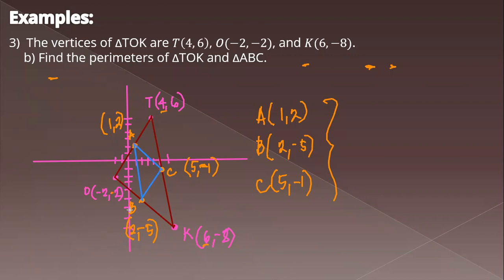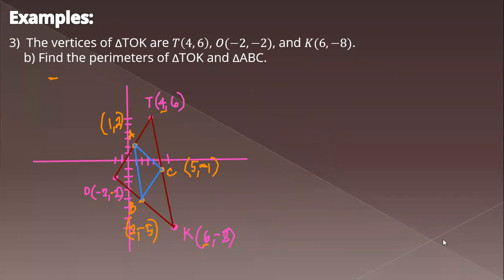So para makuha natin ang perimeter, kailangan natin ng length ng sides ng triangle, because the perimeter of the triangle is the sum of all sides. So let us have the perimeter of triangle TOK. Kailangan natin gamitin ang distance formula para makuha natin ang sides.